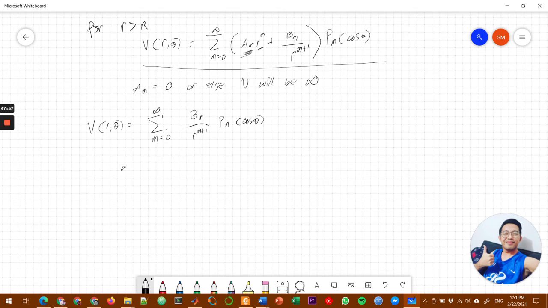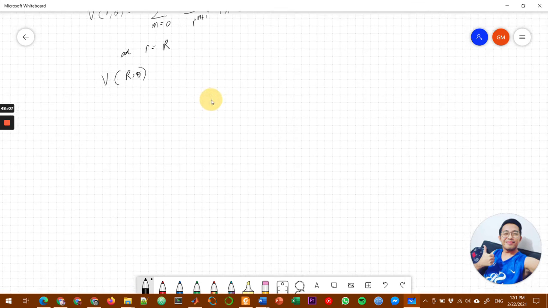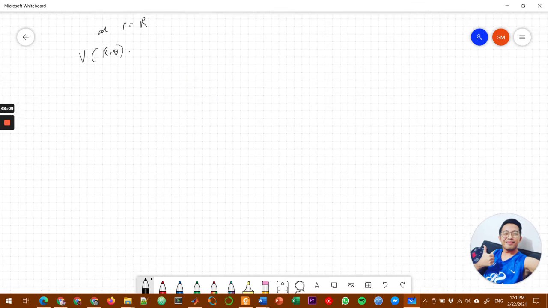So at r is equal to R, okay, we have that becomes sum of b sub m over big R to the m plus 1 times P sub m cosine theta.